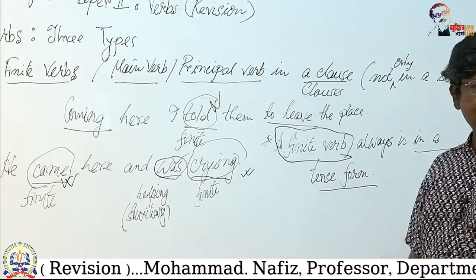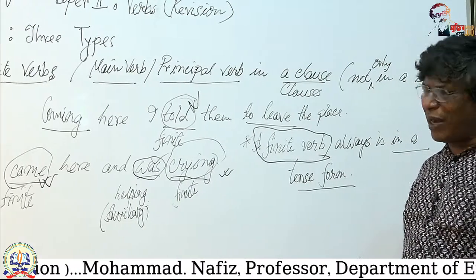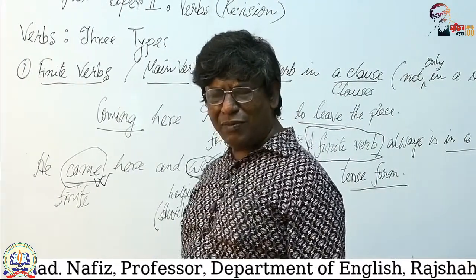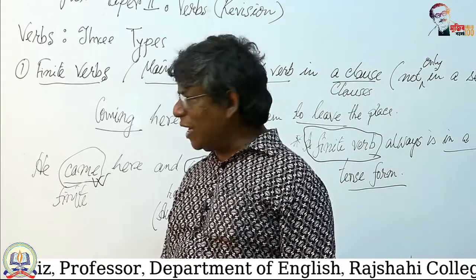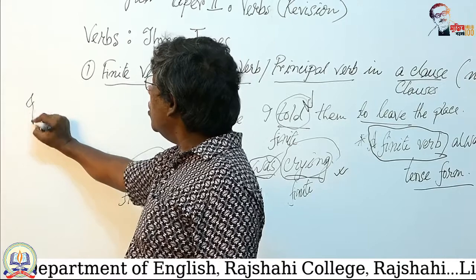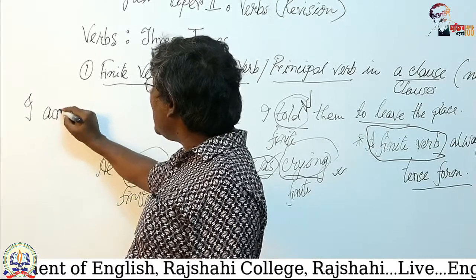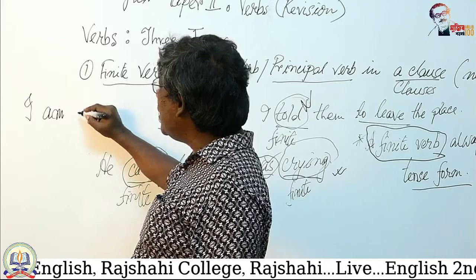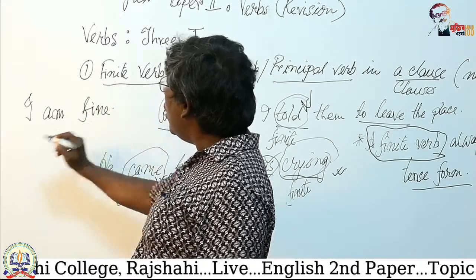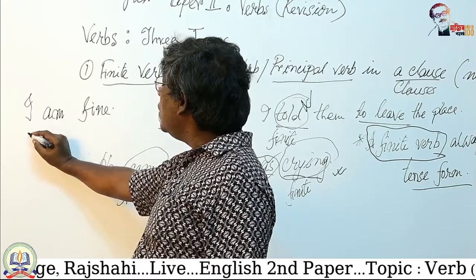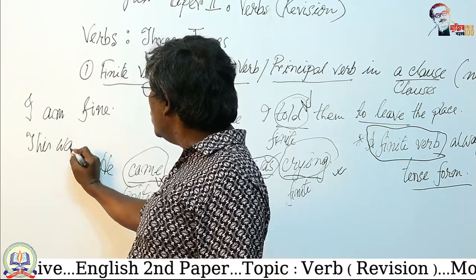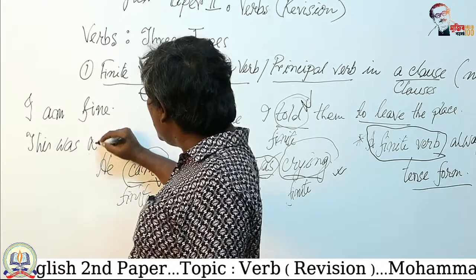Well, was is a be verb often used as the auxiliary verb of some finite verbs, but a be verb can also be a finite verb in sentences like this one, I am fine, or this was a book.